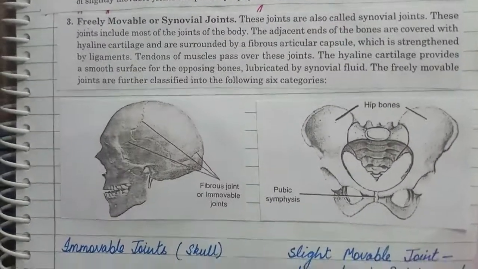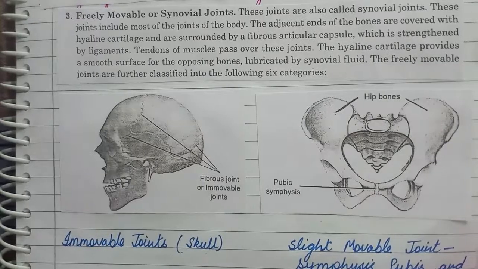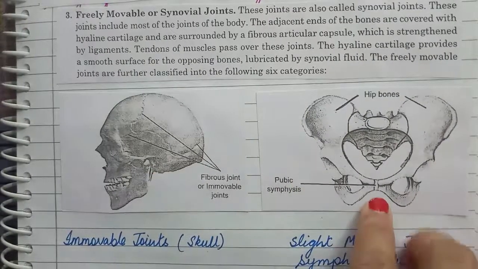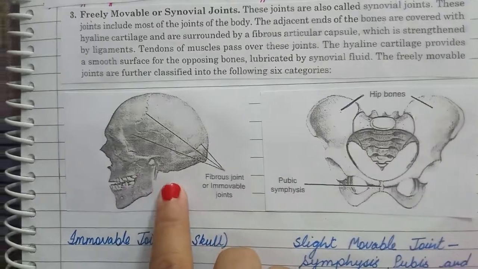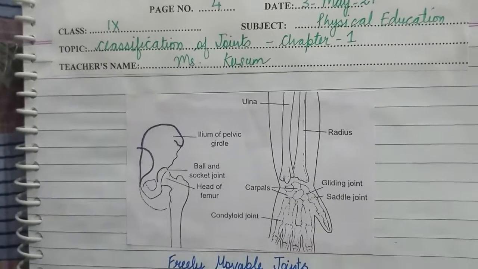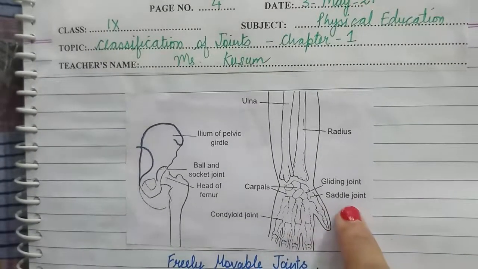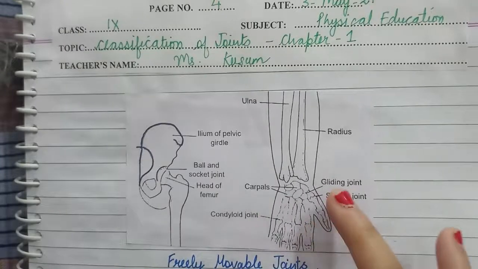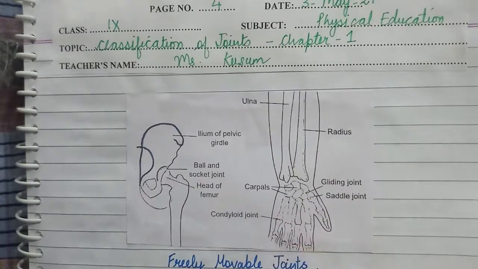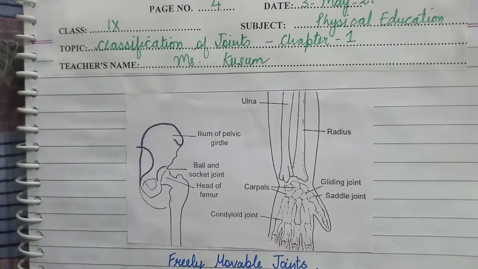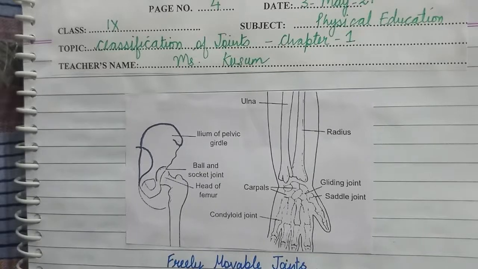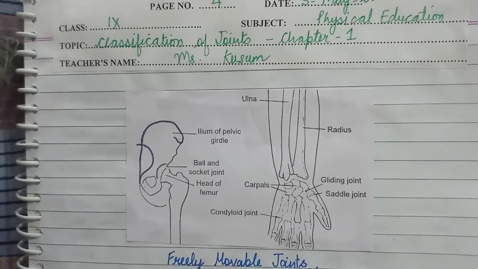So, this is the diagram of an immovable joint, and this is a slightly movable joint. This is the hip bone and this is the skull. So this is the diagram of freely movable joints, where saddle joint, condyloid joint, gliding joints, and further six types of freely movable joints.